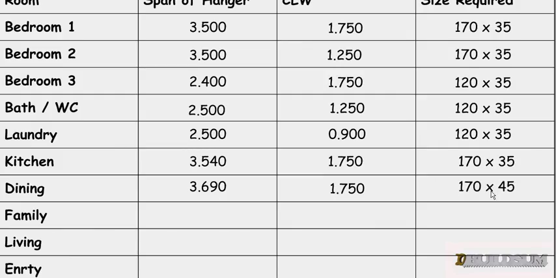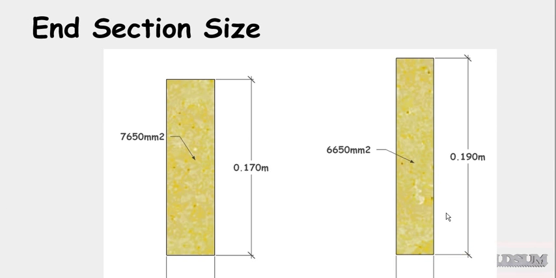Now 170 by 45 throws up an interesting little quandary, because we want to be as efficient as possible, and this is where what we call end sections come into it. If you have a look at the end section of a piece of 170 by 45, you'll see that there's 7,650 square millimeters of timber in it.